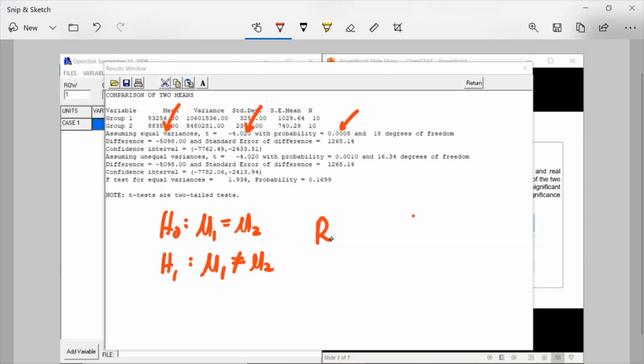So based on the p-value, we can reject the null hypothesis at alpha equal to 0.05 since the p-value is smaller than the significance level.